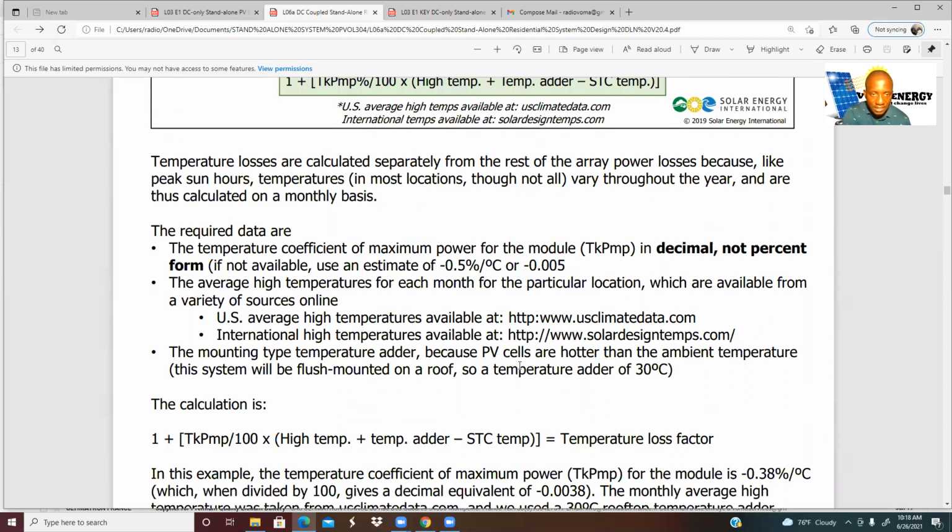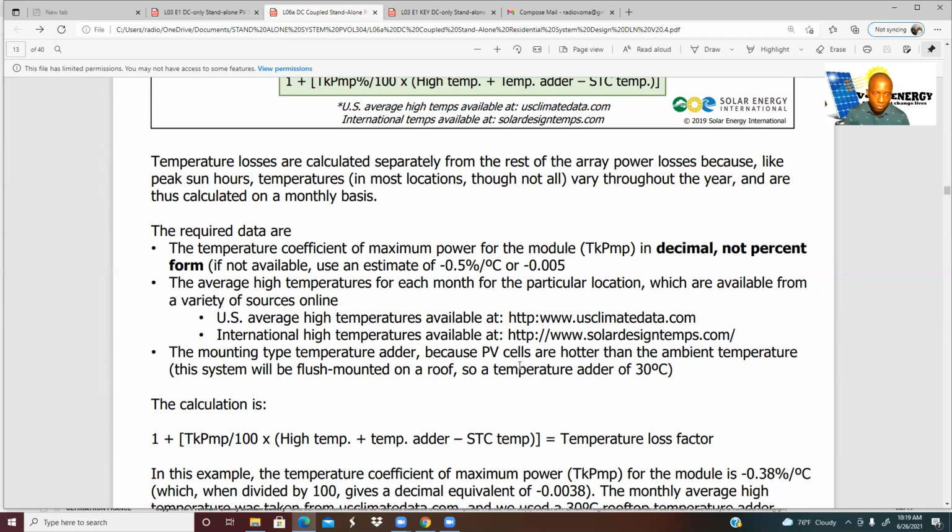Temperature losses are calculated separately from the rest of the array power losses because, like peak sun hour, temperature in most locations, though not all, varies throughout the year and is calculated on a monthly basis. The required data are the temperature coefficient of maximum power for the module, in decimal, not percentage form.